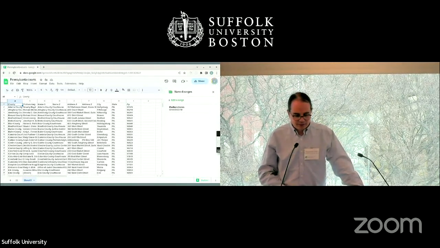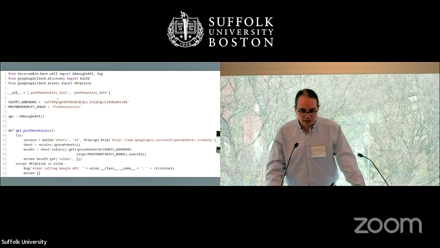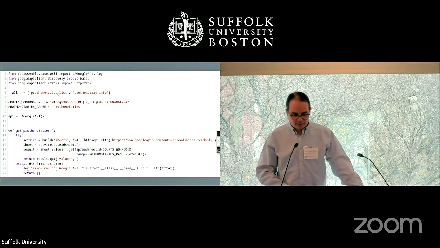And here in Google Sheets, I've uploaded my database of court clerks, and I can write some code, which is somewhat complex, but only one page worth, that accesses the Google Sheets. And I'll just sort of explain how this all works. You can consult the presentation, or I'm also going to make a recipe for this later.